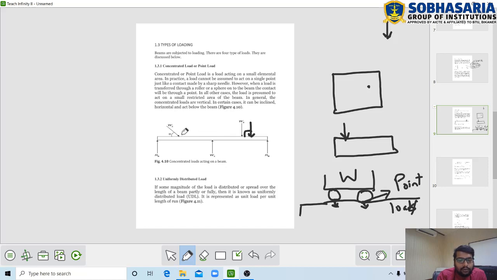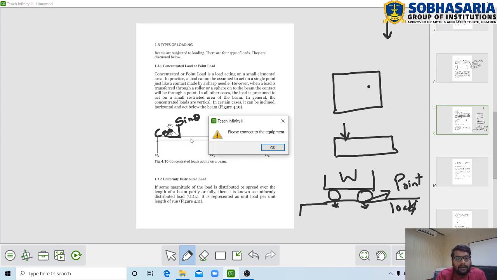You have to do the resolution of the force, means you have to split the force into two components, sine theta component and cos theta component, that is horizontal and perpendicular components. Then it will be easy for the analysis.